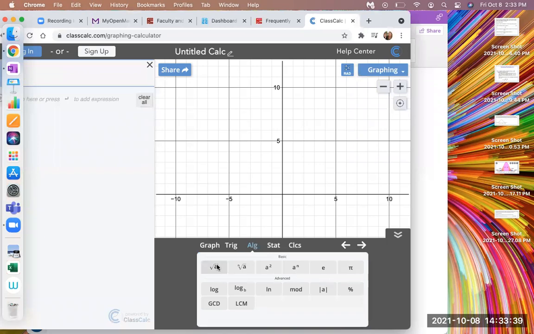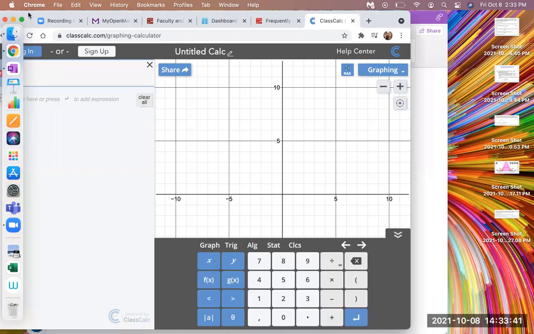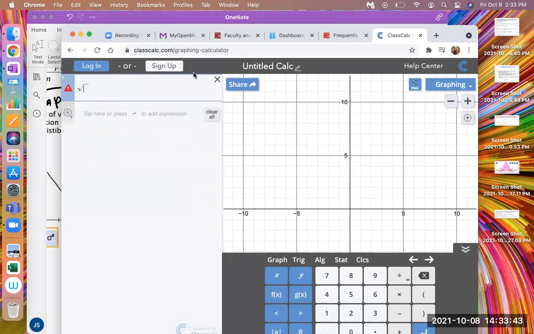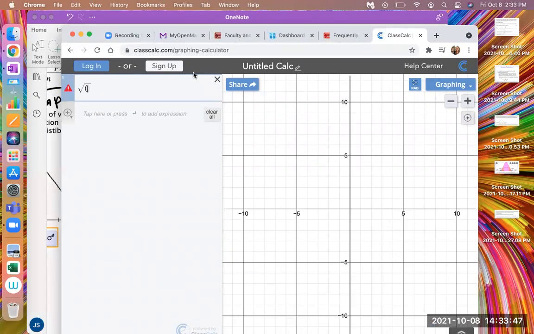Oh, there's a square root symbol. So I put in square root, and then in parentheses the 0.35 times 1 minus 0.35, or you could just put 0.65.